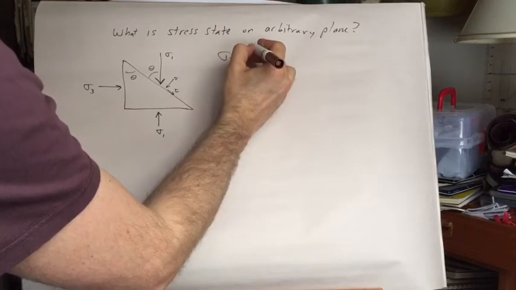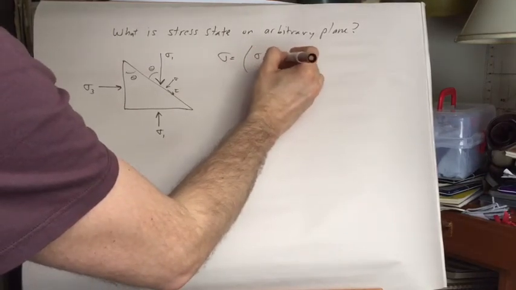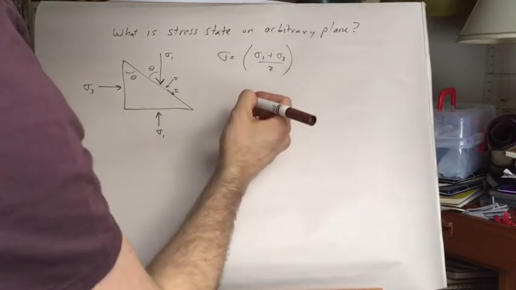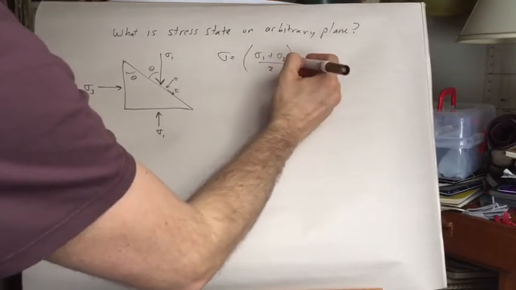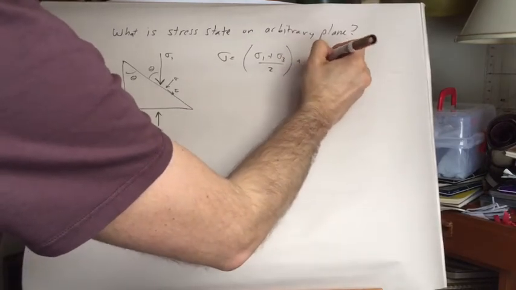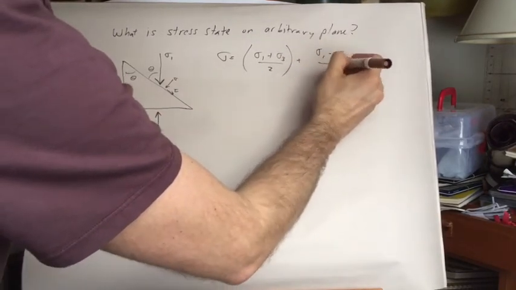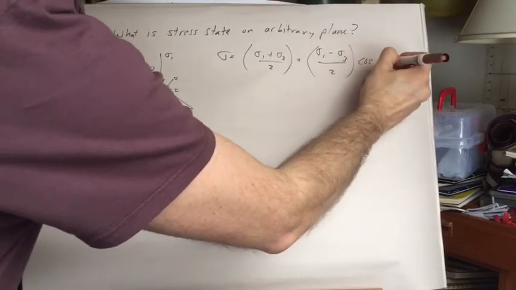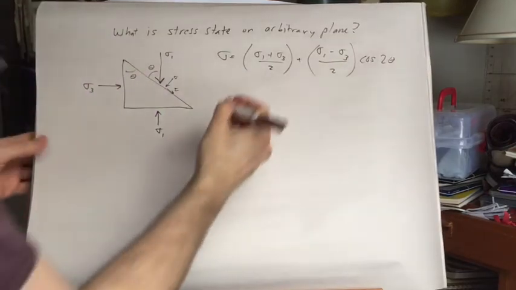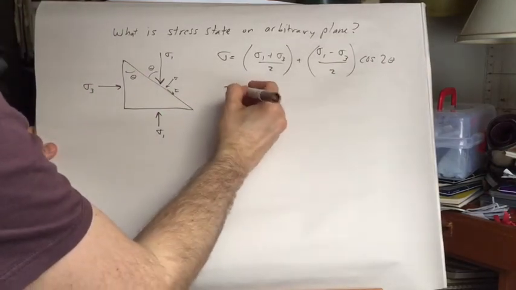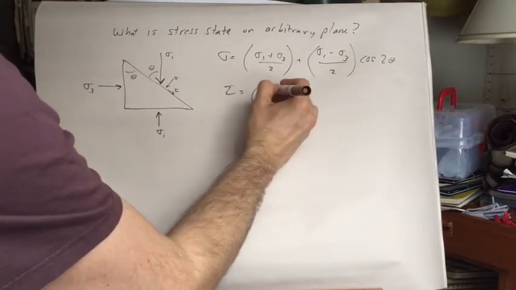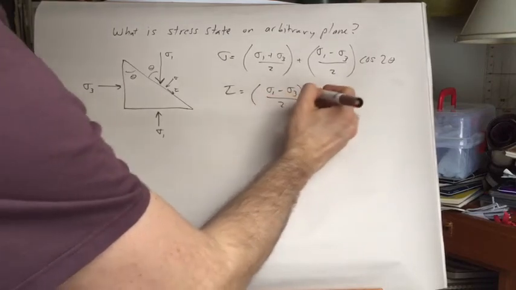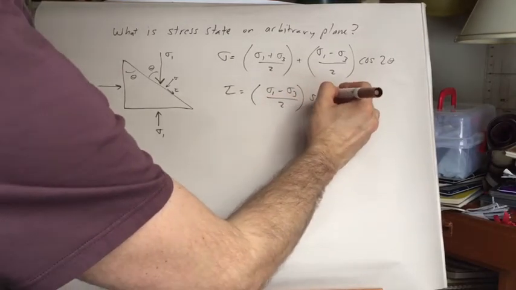The normal stress on that plane is sigma 1 plus sigma 3 divided by 2, the average of the maximum and minimum stresses, plus sigma 1 minus sigma 3, which we call the differential stress, so half of the differential stress times the cosine of 2 theta. And shear stress equals, again, half the differential stress times the sine of 2 theta.